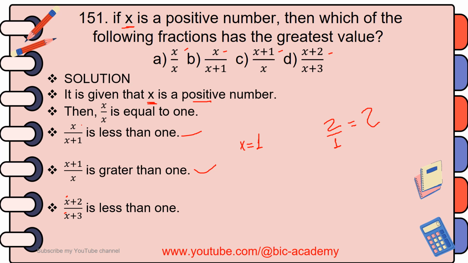Since 2 is less than 3, x plus 2 is less than x plus 3, because you are adding a higher number on the denominator than on the numerator. So the numerator is less than the denominator, and the value of the fraction is less than 1. Among these choices, the one that is highest is choice C. So your answer for this question is choice C.